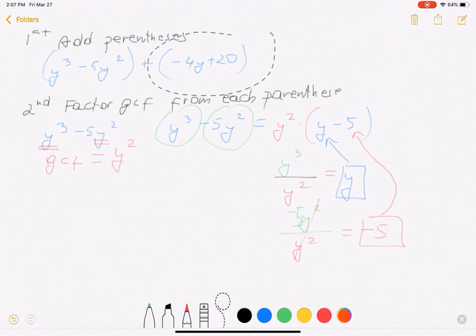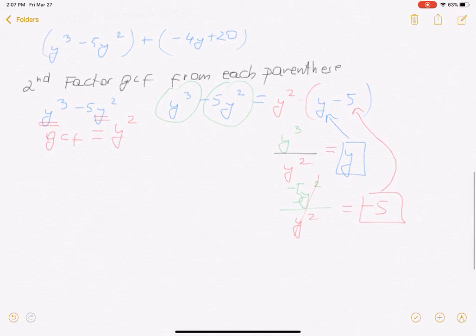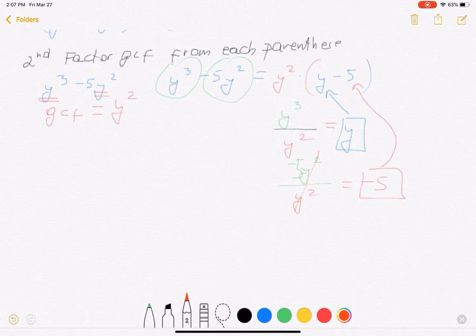So you have negative 4y plus 20. We're going to factor out the GCF. Negative 4y plus 20.